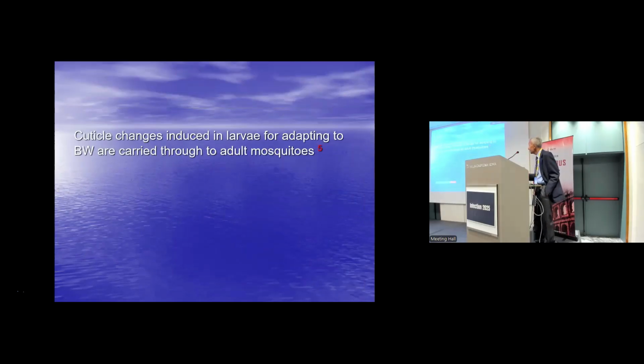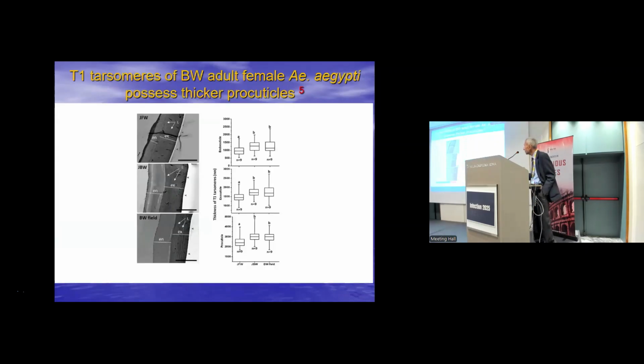More recently, and this was published a few months ago, cuticle changes induced in larvae for adapting to brackish water are carried through to the adult mosquitoes as well. And what do we see here? For example, in this case, we looked at laboratory colonies as well as field collected mosquitoes from brackish water habitats.